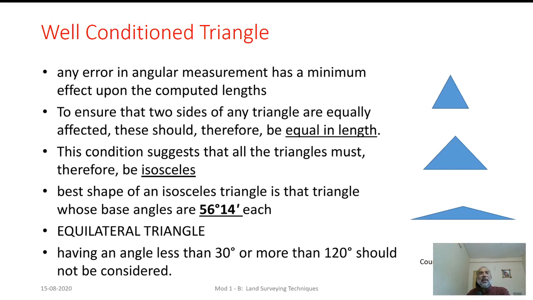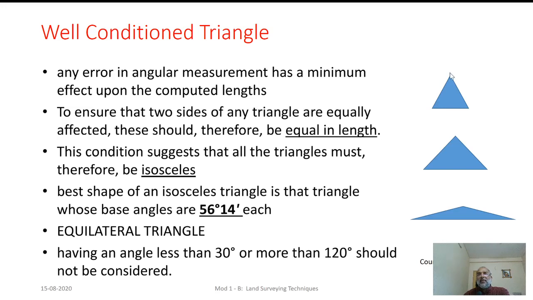While adopting any of the triangles in order to form the triangulation network, which is nothing but a series of triangles, we have to go for a well-conditioned triangle. Here, in order to understand the condition of a well-conditioned triangle, we have to simultaneously think about plotting of a particular station.